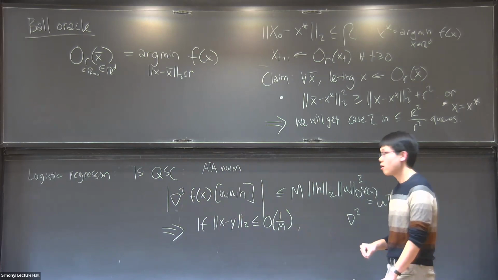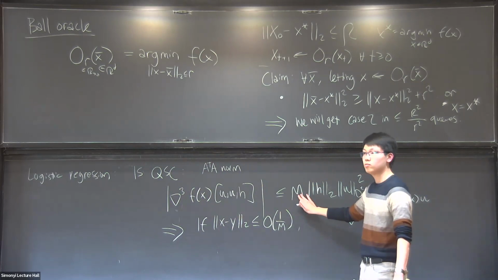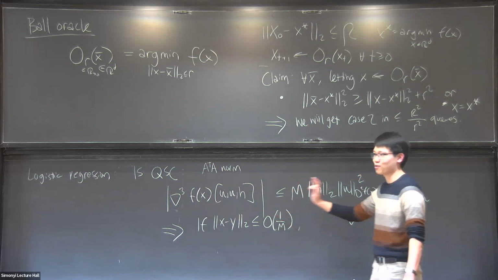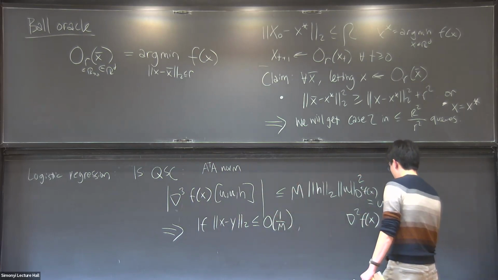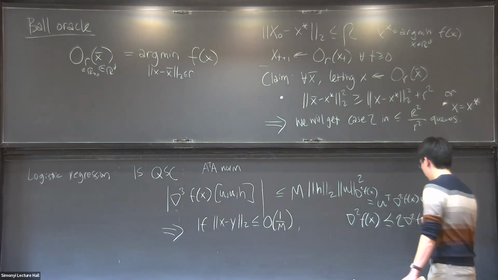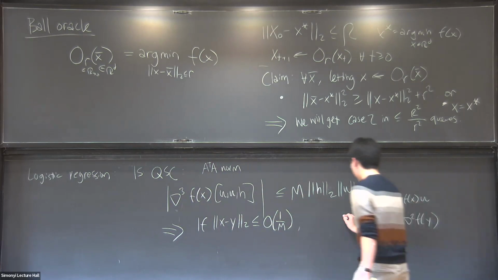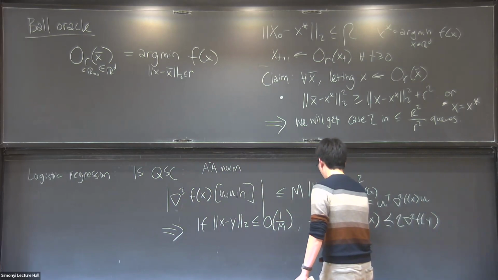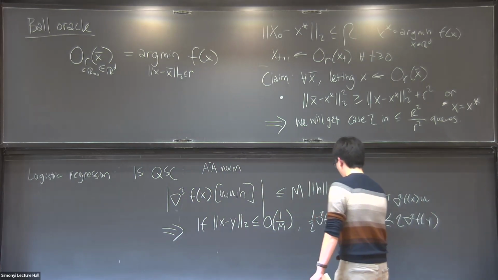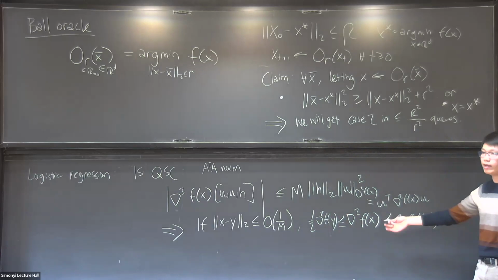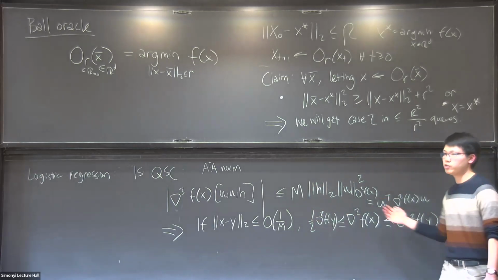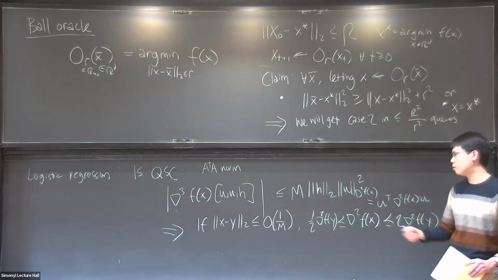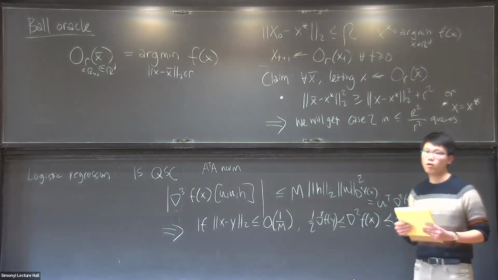M is a constant. The Hessian of f at x is a multiplicative approximation to the Hessian on the entire ball around x, of radius roughly O of 1 over m.